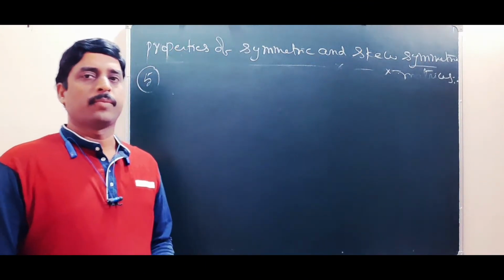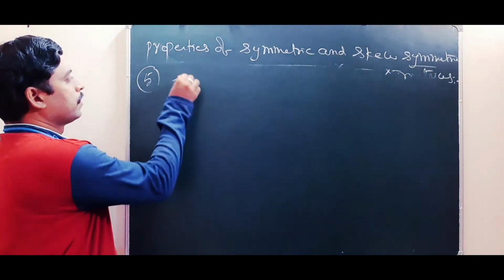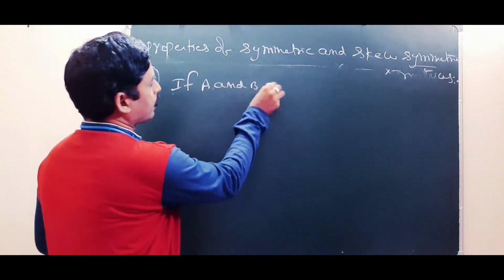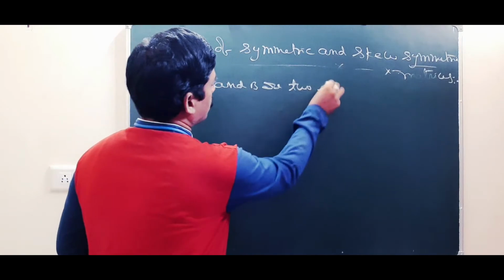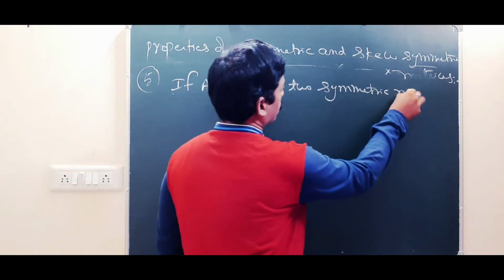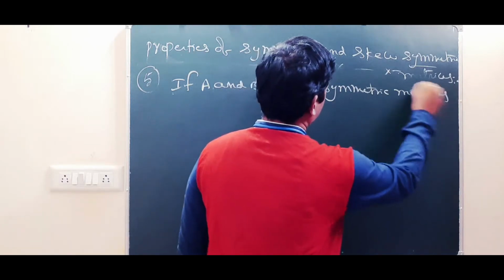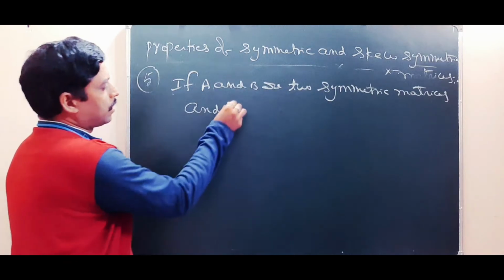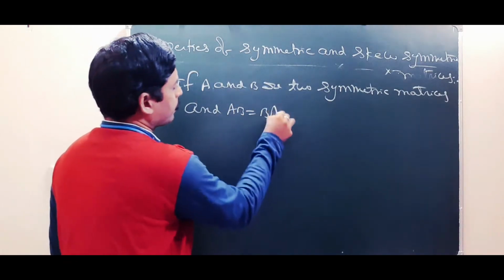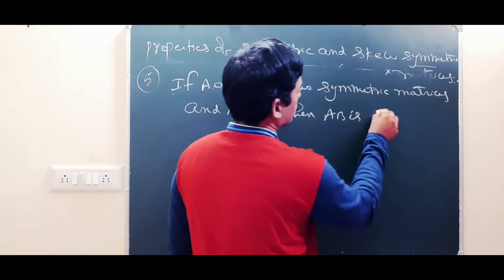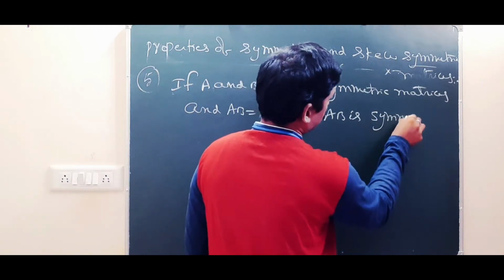Now explain the fifth point. If A and B are two symmetric matrices and AB equals BA, then AB is a symmetric matrix.